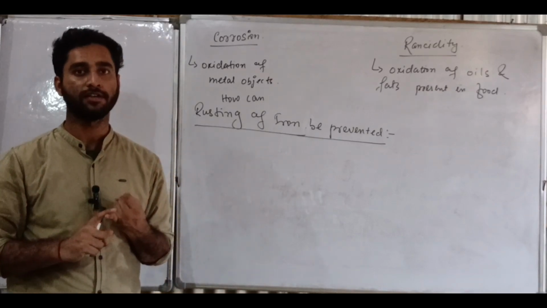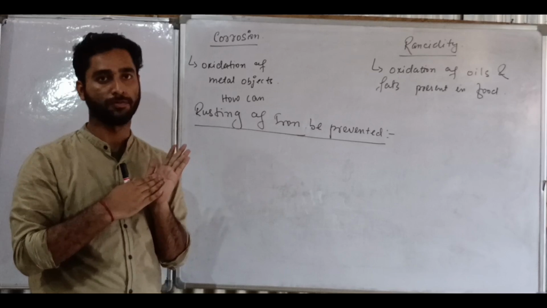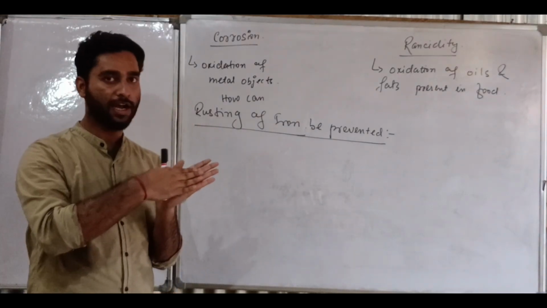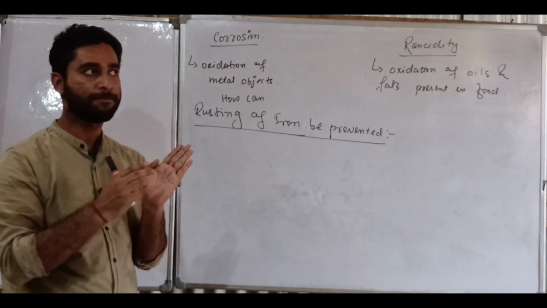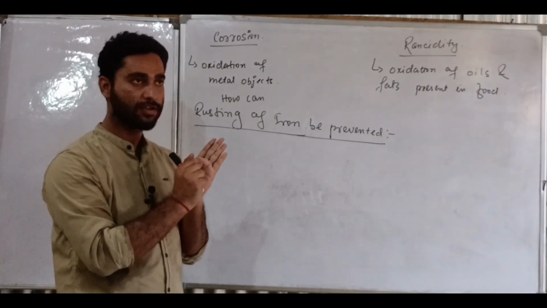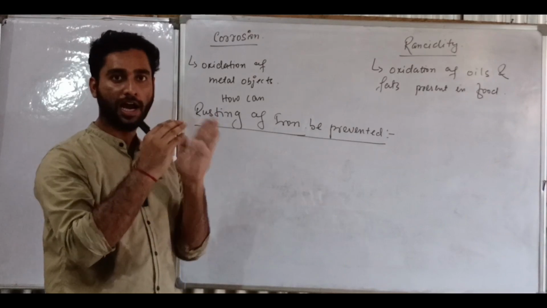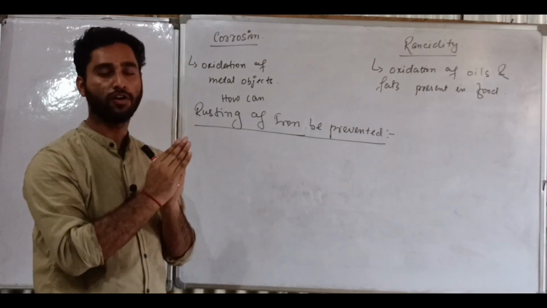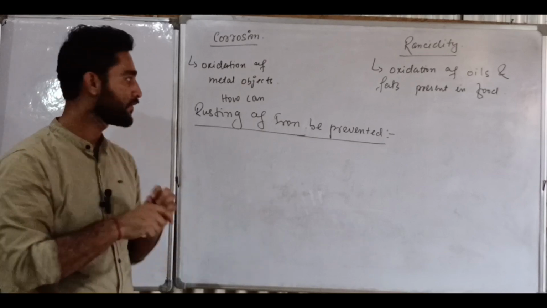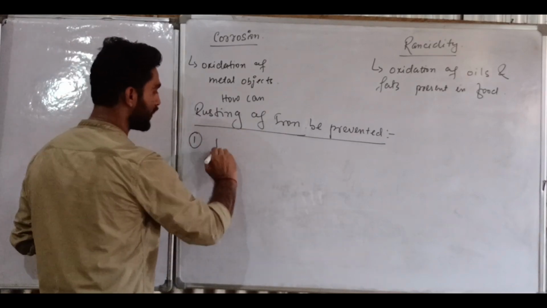One method is that we can paint the surface of the iron objects. If we paint the iron objects, then this paint will act as a barrier. This paint protects the iron from coming in contact with oxygen. As a result, it will prevent the oxidation of the iron objects. So the first method is painting.